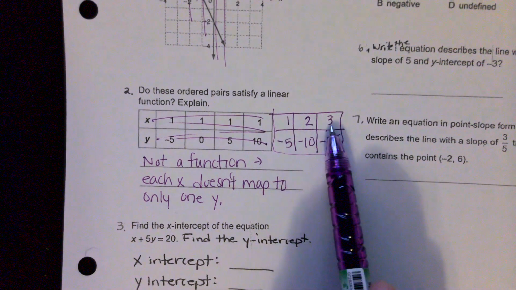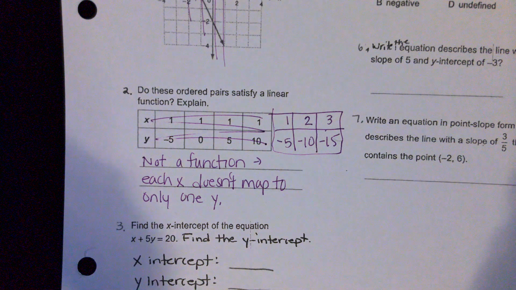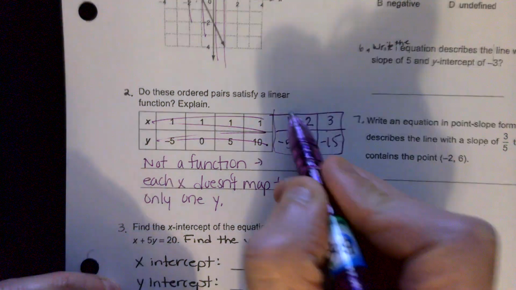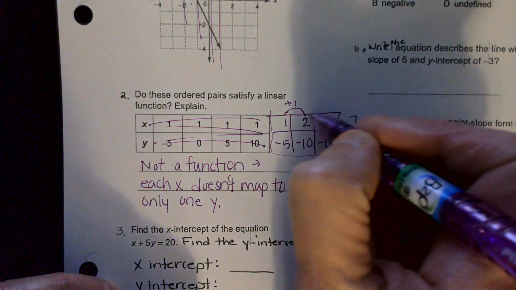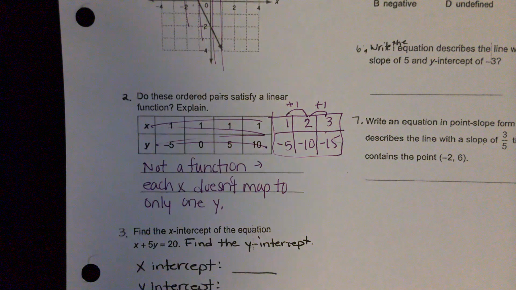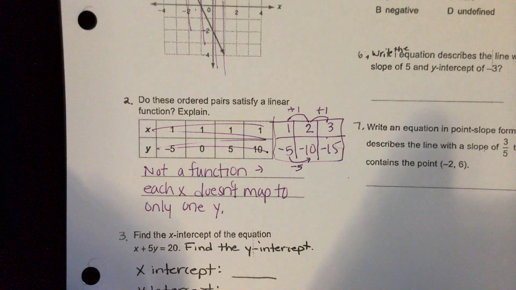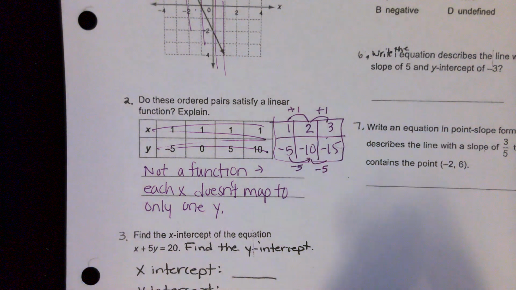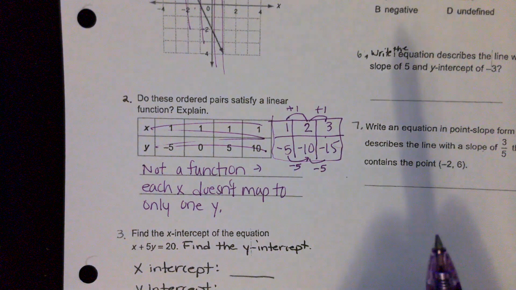I have different x's, so it is a function. Well, then you have to compare the x's and compare the y's. So you have to look from here to here, it went up 1. From here to here, it went up 1. So my x's are going up by 1. Now I gotta look at my y's. My y's are going down 5.